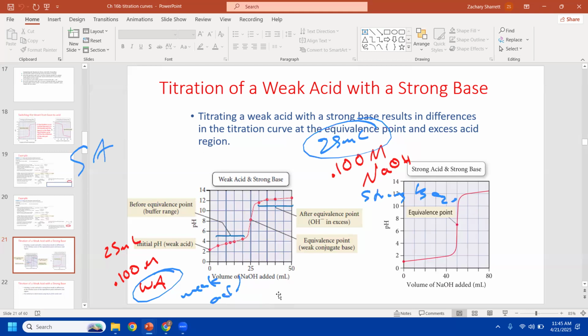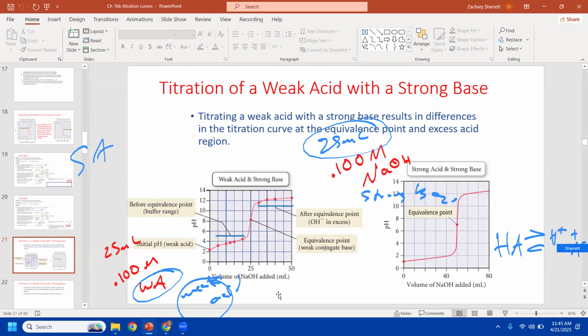So even though this thing's not fully dissociating, right? When that base is out there, by Le Chatelier's principle, when that base takes away your H+ that's in solution, what happens when you remove some of your products? You're going to move forward, right?